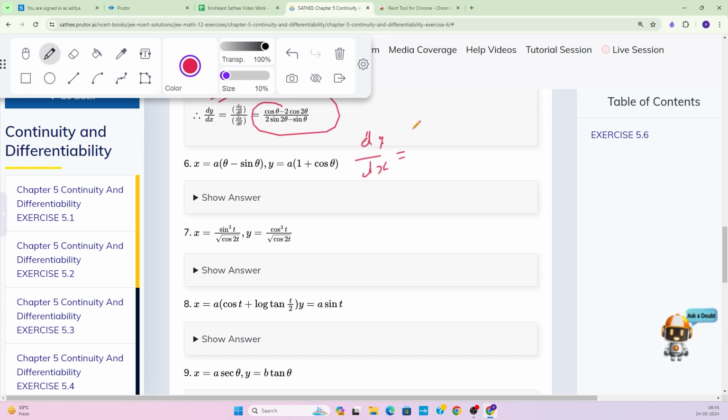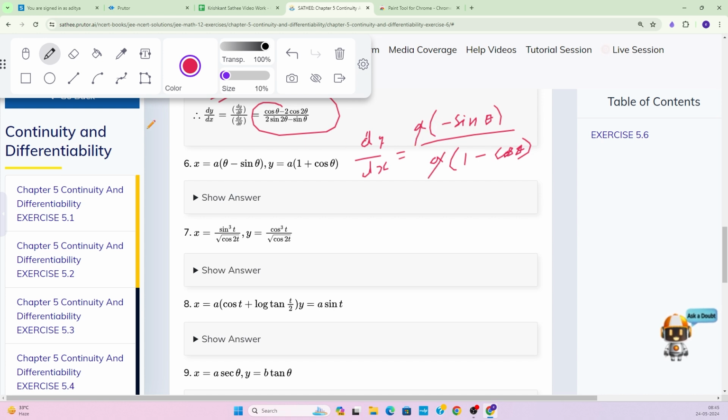This will be dy over d theta divided by dx over d theta. This will be minus a sin theta, and in the denominator you will get a times 1 minus cos theta. If you want to reduce it, please do so.